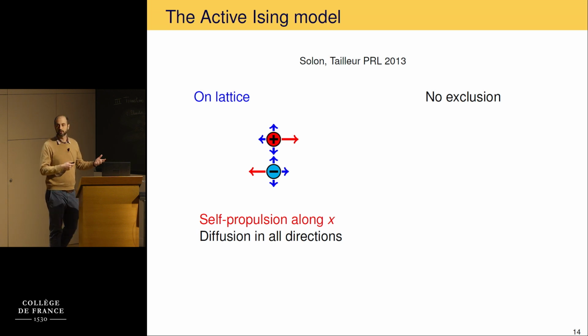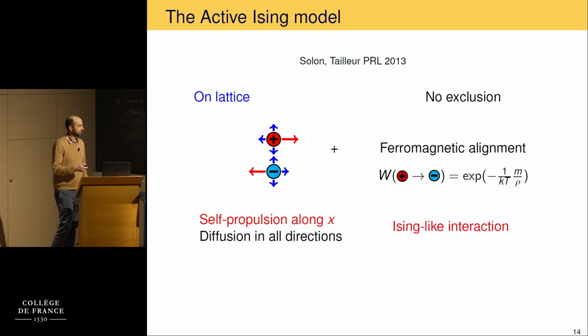The sign of the spin gives you the direction of self-propulsion. So the plus spin moves to the right, the minus spin moves to the left, and on top of that, you have symmetric diffusion in all directions. And you have alignment. So the alignment is just a ferromagnetic interaction with rates that you could have in a passive system controlled by your temperature.